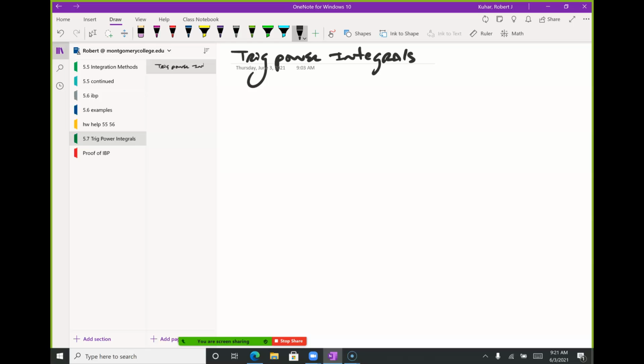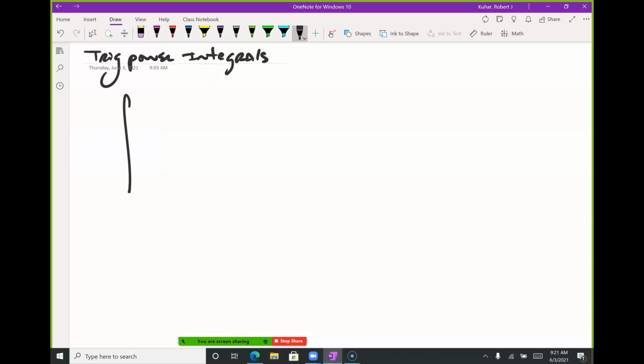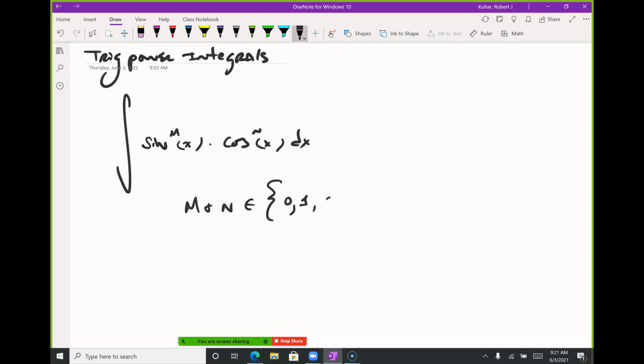When I'm talking about these trig power integrals, I'm talking about some kind of integral of sine to the mth power and cosine to the nth power dx, where m and n typically belong to the non-negative integers.